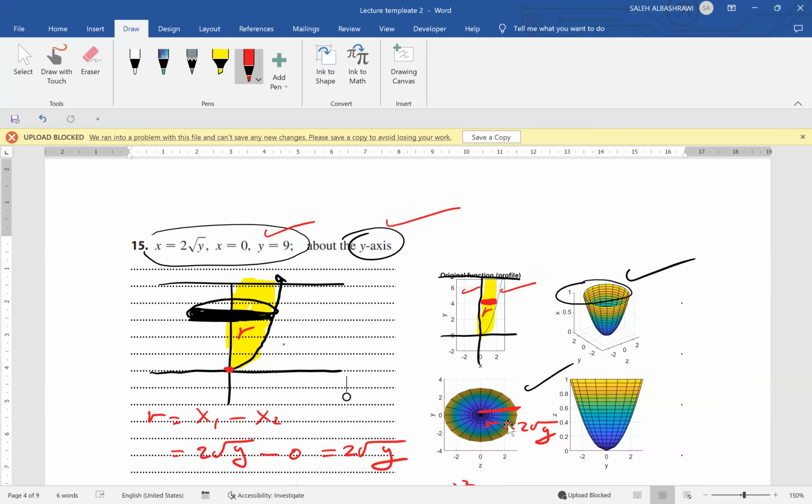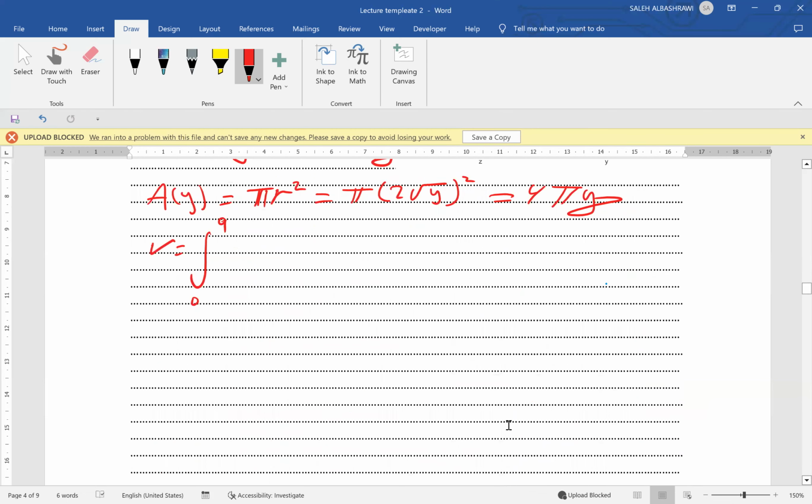So the volume is the integral from 0 to 9 of A(y) dy, which is the integral from 0 to 9 of 4 pi y dy, which is equal to 4 pi times y squared over 2.